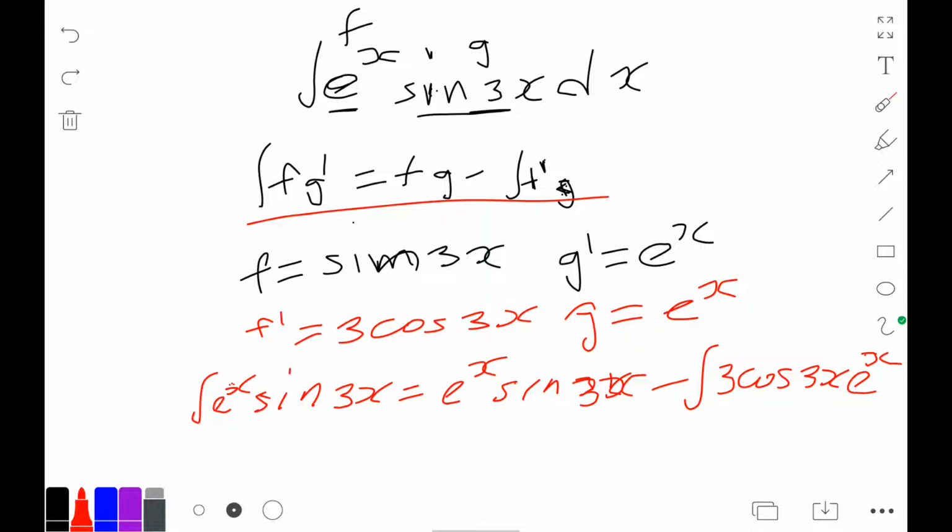So now we are left to solve this equation.